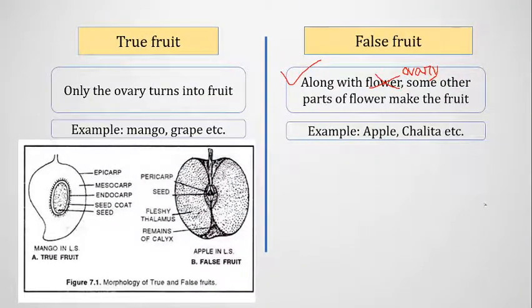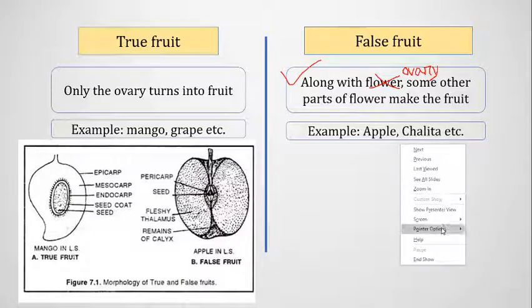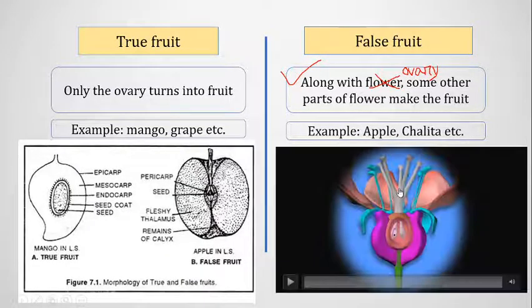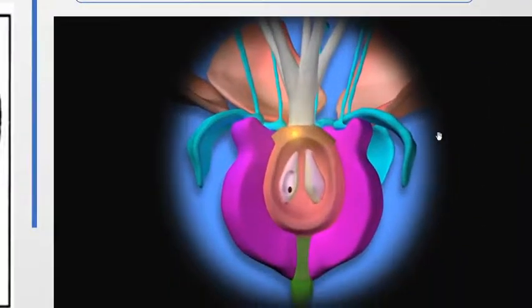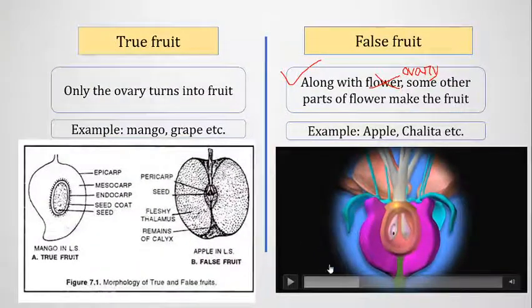Let's see a video. Here we see an apple flower, and this part is the ovary, and this white part is the ovule, and this red part is the ovum. The pink colored part is not part of the ovary; it is another part of the flower. But what happens to this flower after fertilization?